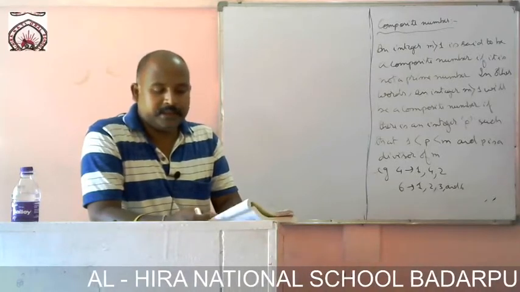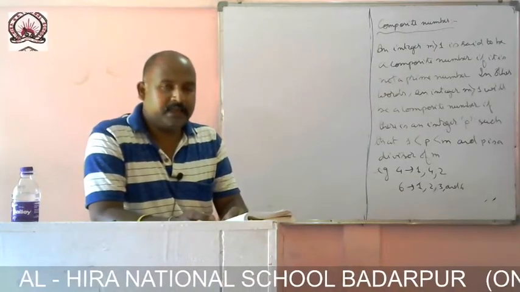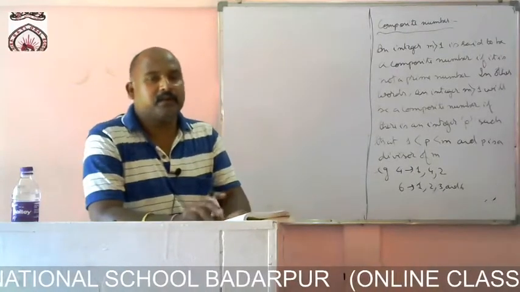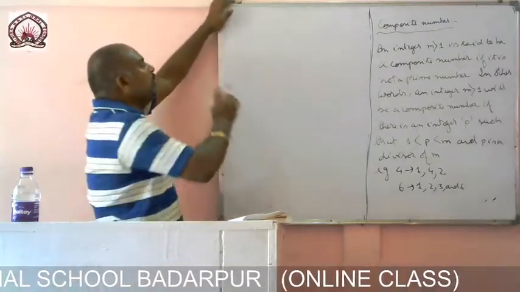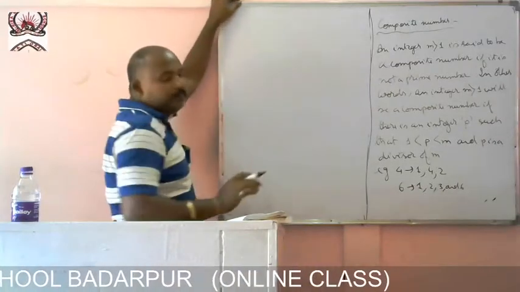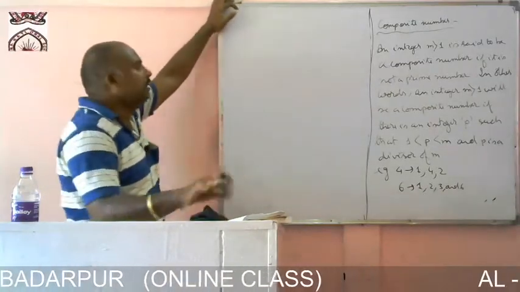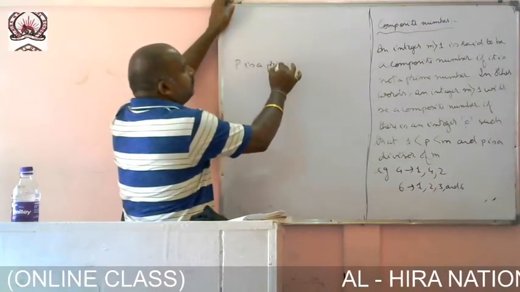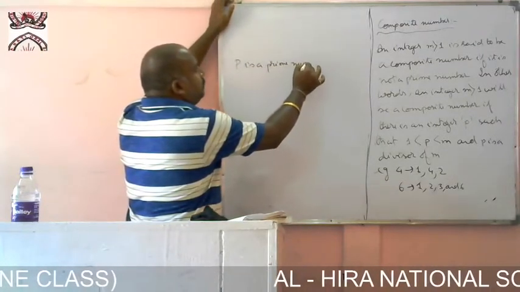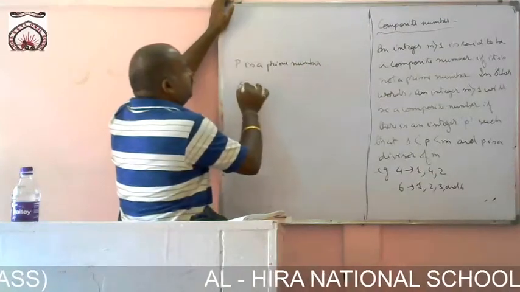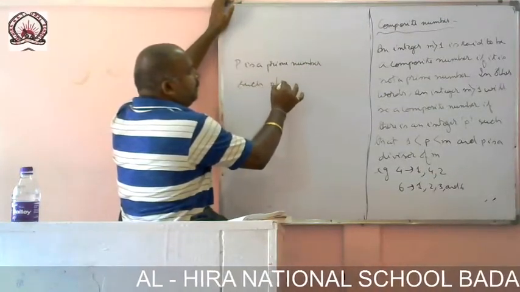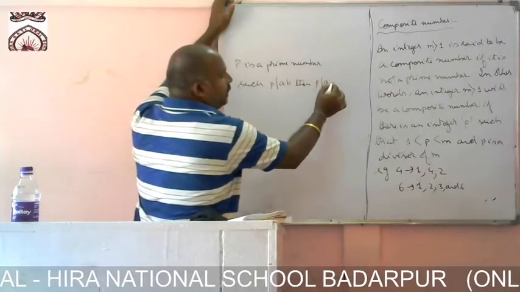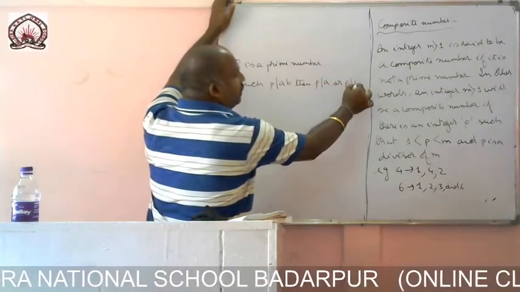Now Theorem 9: if p is a prime number and a and b are two integers with p divides ab, then either p divides a or p divides b. If I consider p is a prime number such that p divides ab, then p will divide a or p divides b.